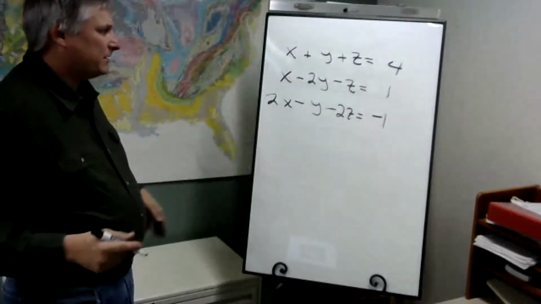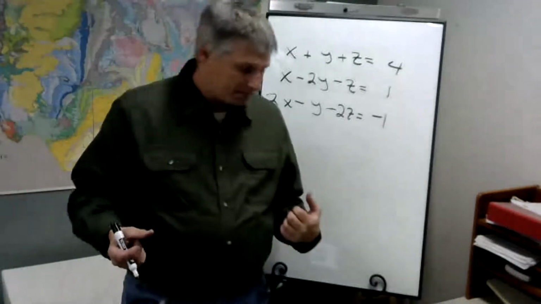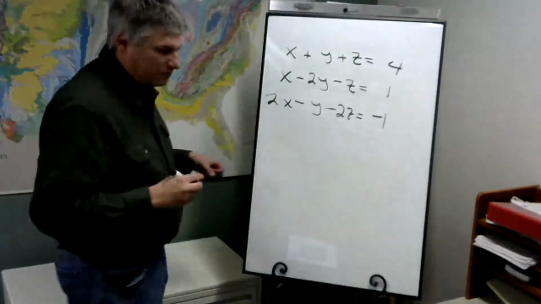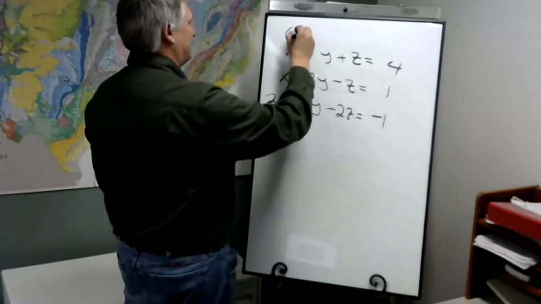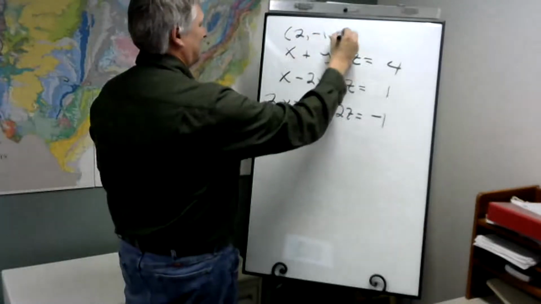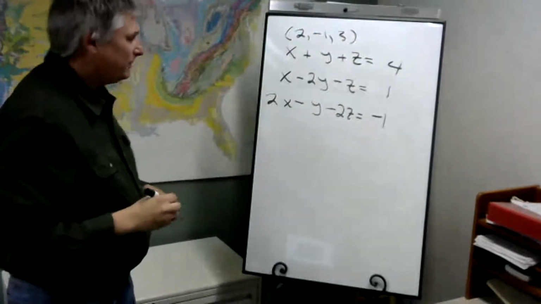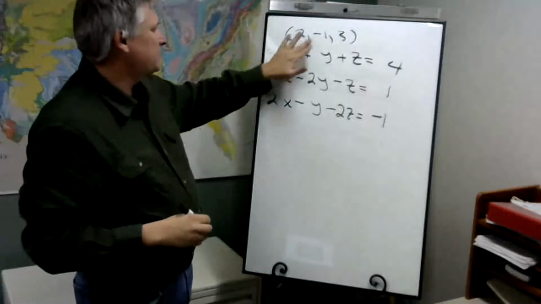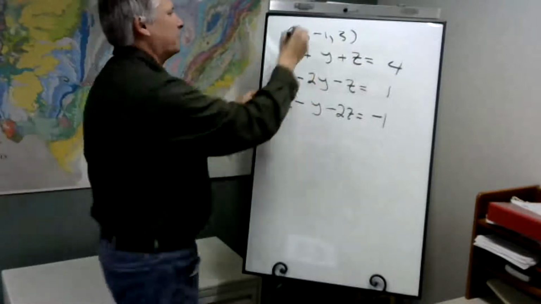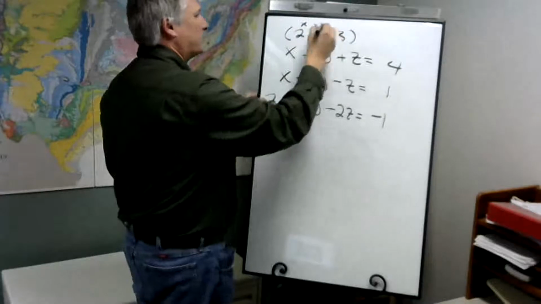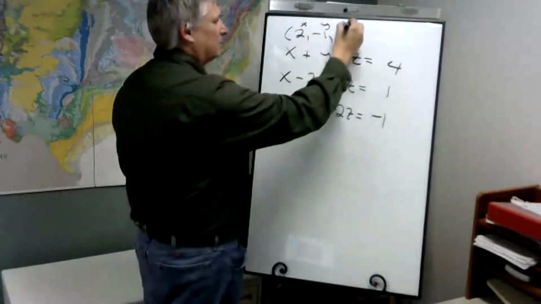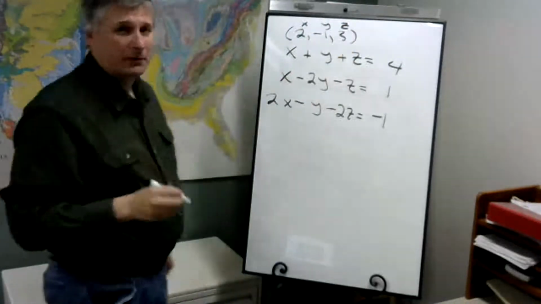So let's say we want to test if something's a solution. Well, let's say we try 2, -1, and 3. Well, this means these 3 numbers, this is an x-coordinate, the y-coordinate, and the z-coordinate is always that last coordinate.